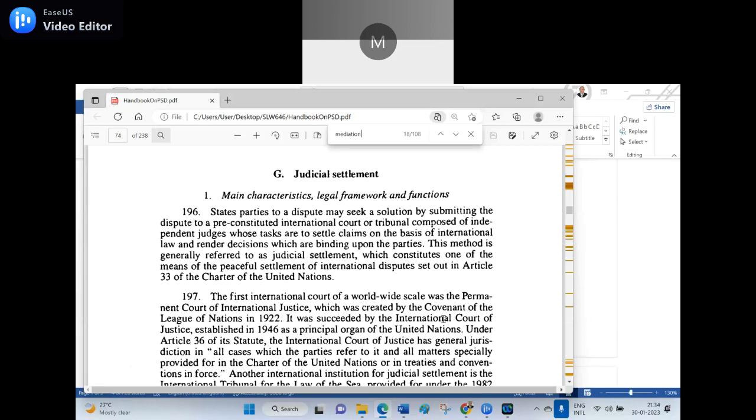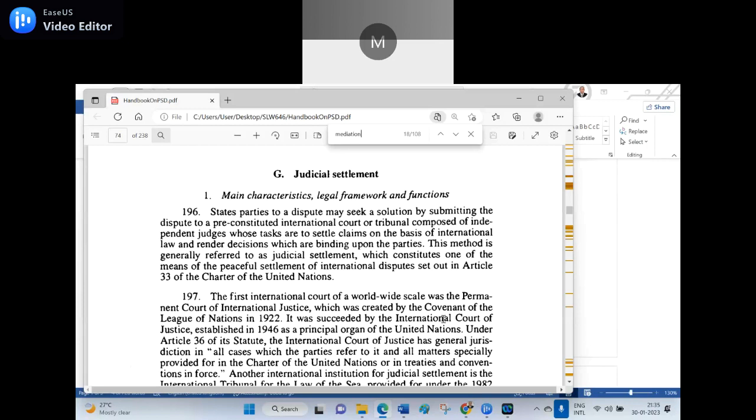A remedy, by submitting the dispute to a particular body or institution, and they will be bound by the judgment of that judicial organ. This means submitting the dispute to a pre-constituted international court, as the International Court of Justice is concerned, or international tribunals under the charter.